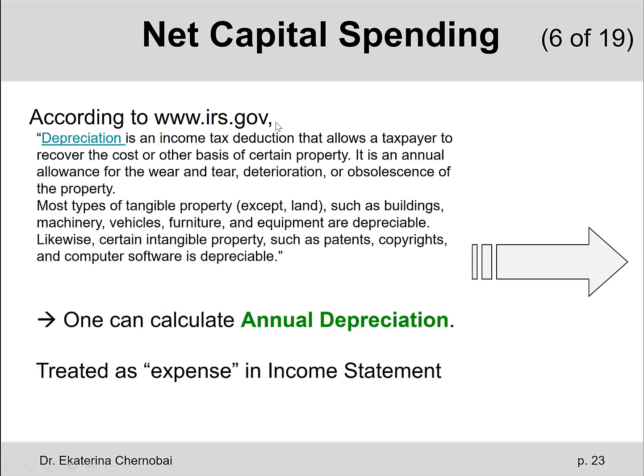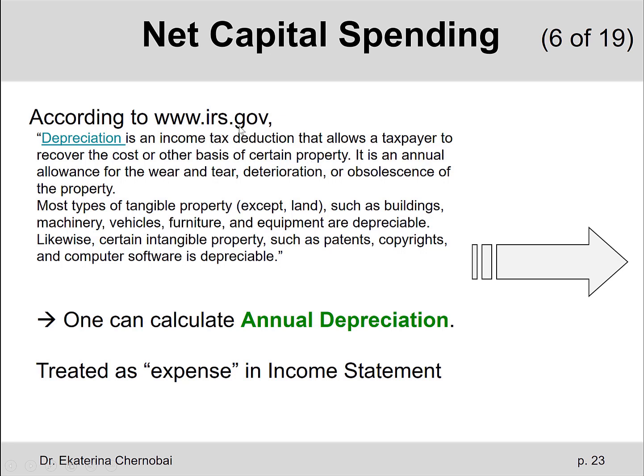So according to the IRS, depreciation is how much value is lost. And it's considered to be an income tax deduction that allows a taxpayer to recover the cost or other basis of certain property.